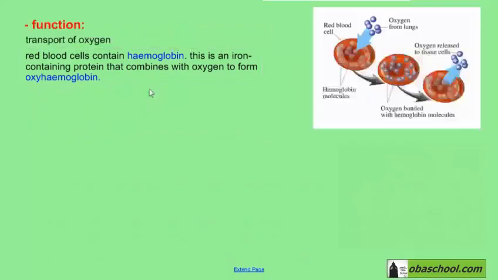So oxygen combines with hemoglobin in the red blood cells, which forms oxyhemoglobin, which is the combination of oxygen and hemoglobin when they are bound together. This oxygen comes from the lungs, from the alveoli into the capillaries, which contain the blood, which contains red blood cells, which contain hemoglobin, and the oxygen will bind to the hemoglobin, forming oxyhemoglobin.